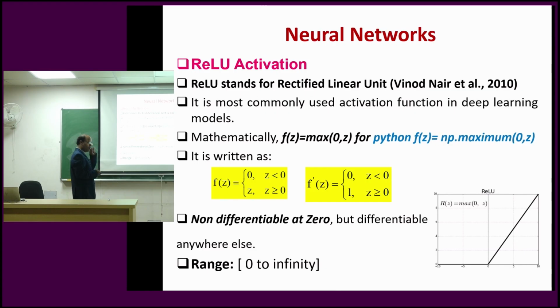It's the most commonly used activation function in the deep learning field. Mathematically, f(z) is 0 for z less than 0 and z for z greater than 0. The derivative f'(z) is 0 for z less than 0 and 1 for z greater than 0.